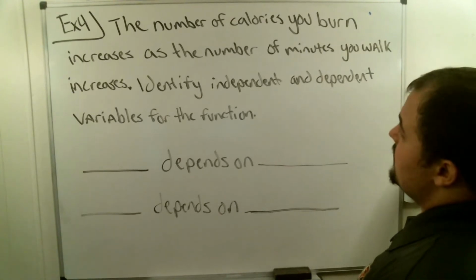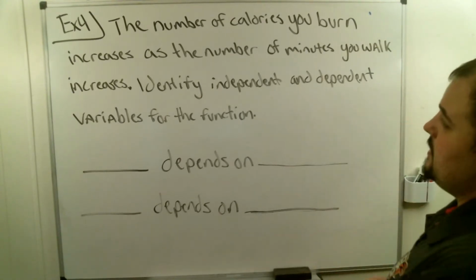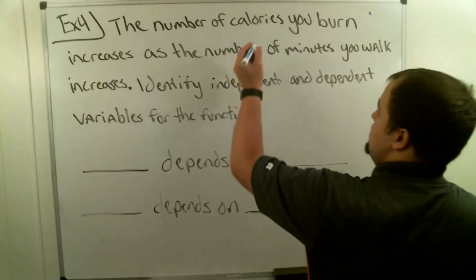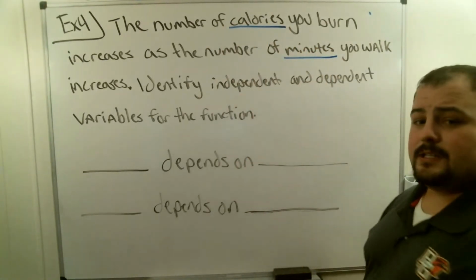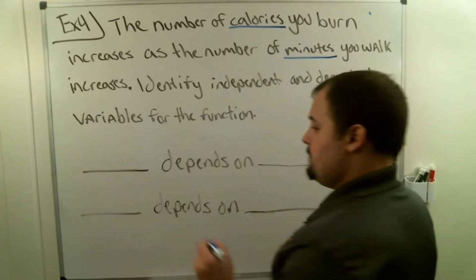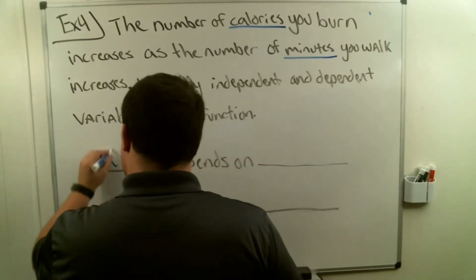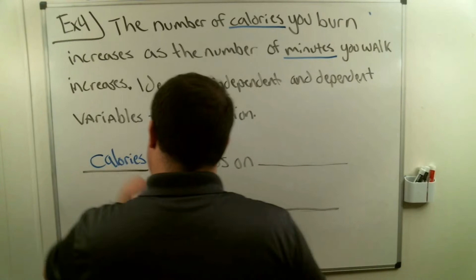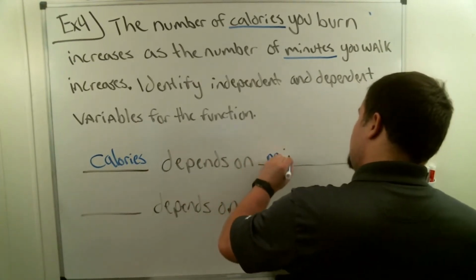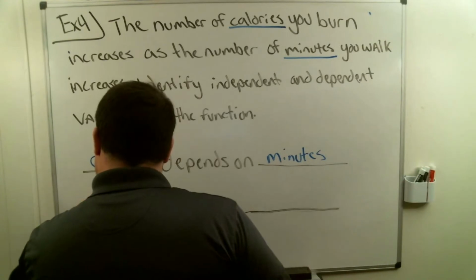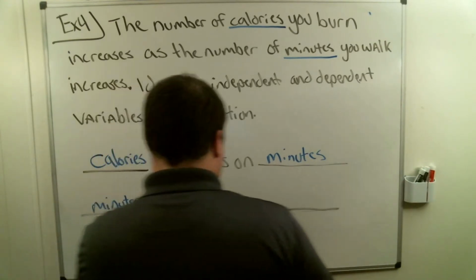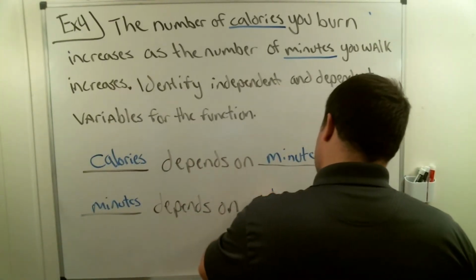So the two things that are changing are the calories and the minutes. So these are my two variables. Do calories depend on minutes, or do minutes depend on calories?